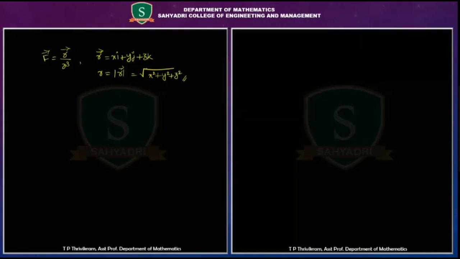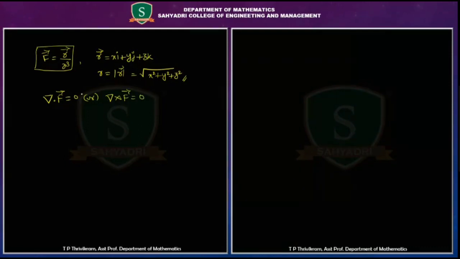So this is the value of r. Now we need to check whether f is solenoidal, that means whether del dot f equal to 0 or del cross f equal to 0. We need to check this.